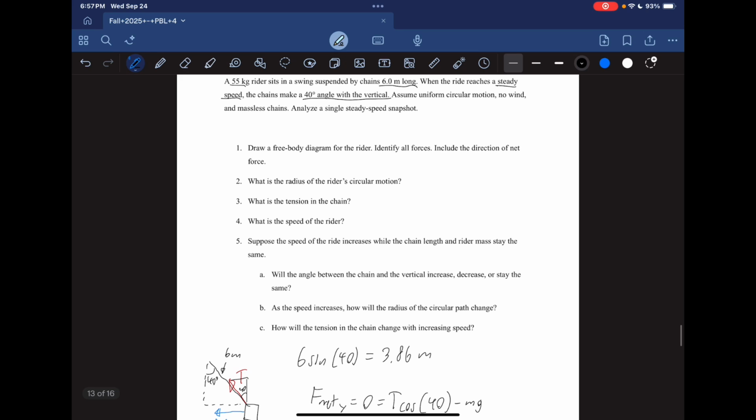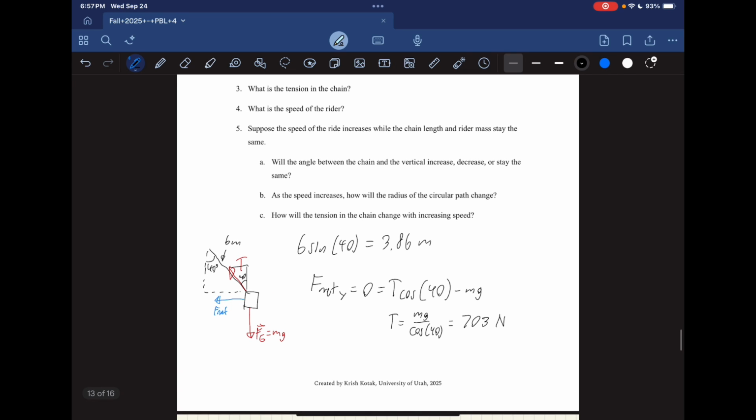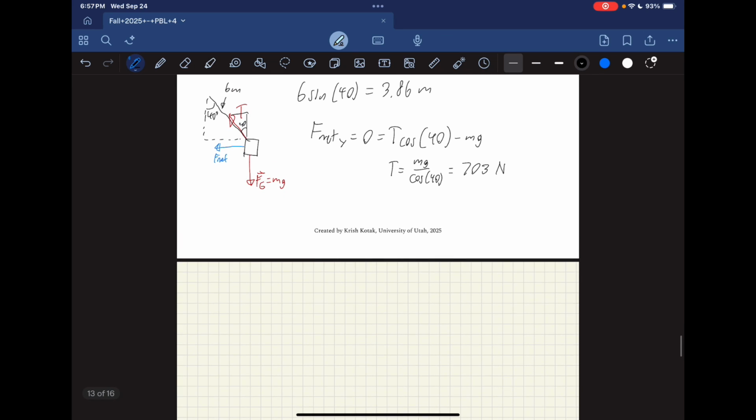Okay, so the next question is, what is the speed of the rider? In that case, we need to first determine the centripetal acceleration of the rider. For that, we're going to need F net in the x direction. We know that this is going to equal mass times centripetal acceleration, because we're dealing with uniform circular motion.